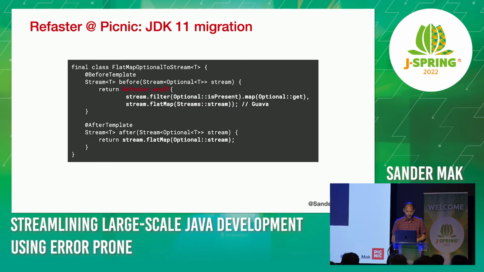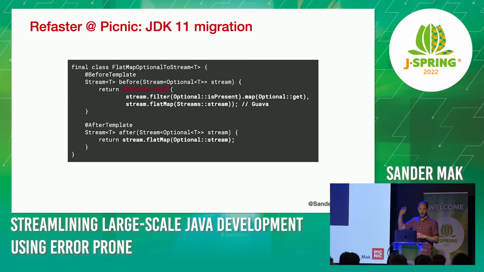Another example, showing that it's not just about core Java APIs: in Java 11 they also introduced the stream method on Optional, where you used to first do a filter on a stream of optionals, saying is something present? Okay, and then we map the get over it to get all of the non-optional elements. Now you can just say stream.flatMap(Optional::stream), which again is a nice rewrite that we can apply everywhere.